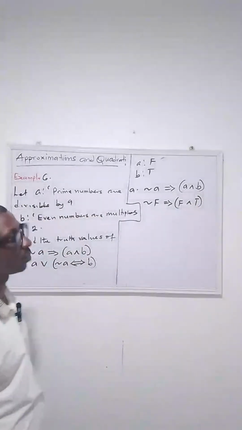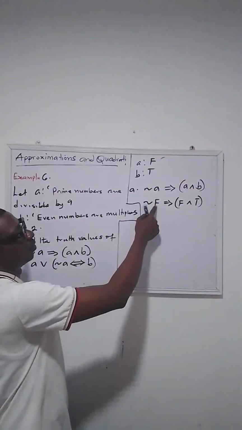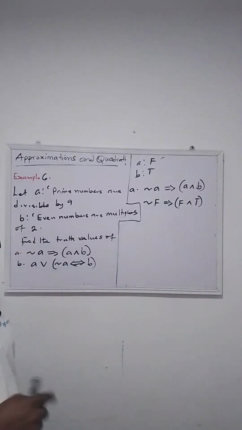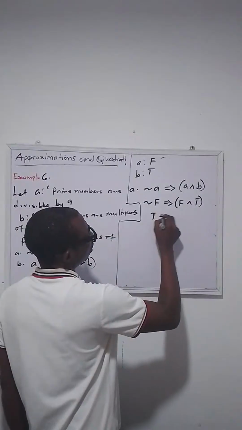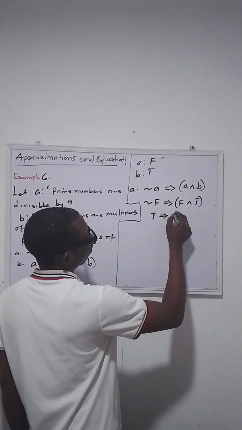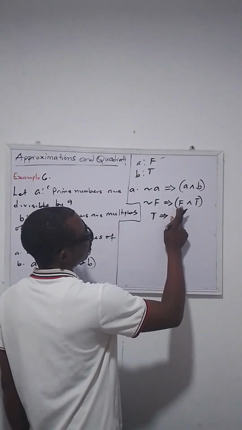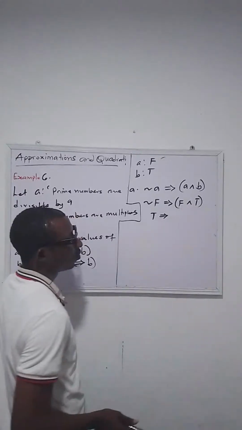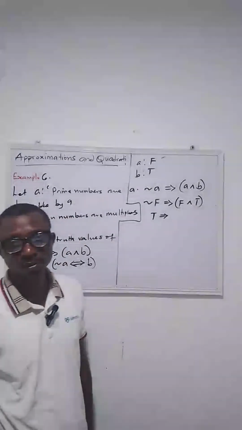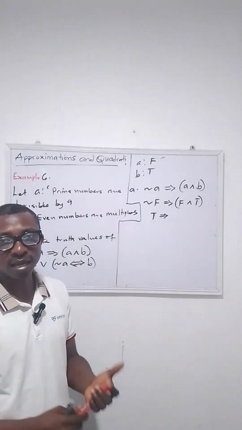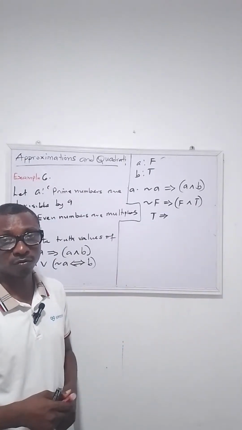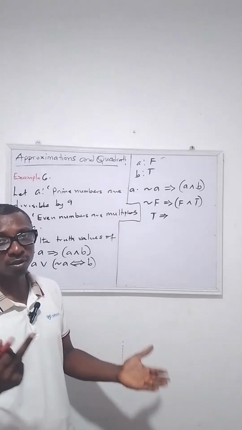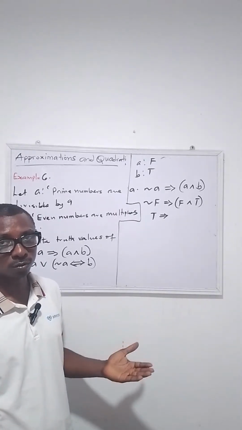What is negation of false? Negation of false is true. So opposite of false is true. So we have true implies. Now, what is false and true? False and true is going to give us false.